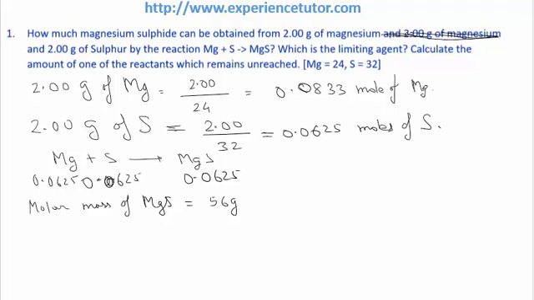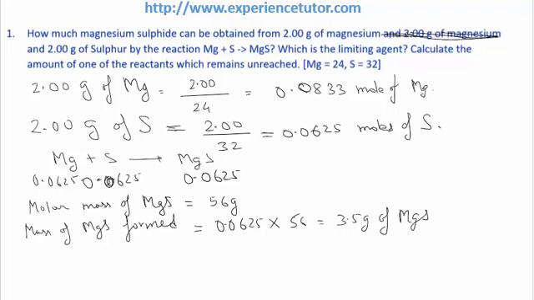Mass of magnesium sulfide formed is equal to 0.0625 into 56, which is equal to 3.5 gram of magnesium sulfide.